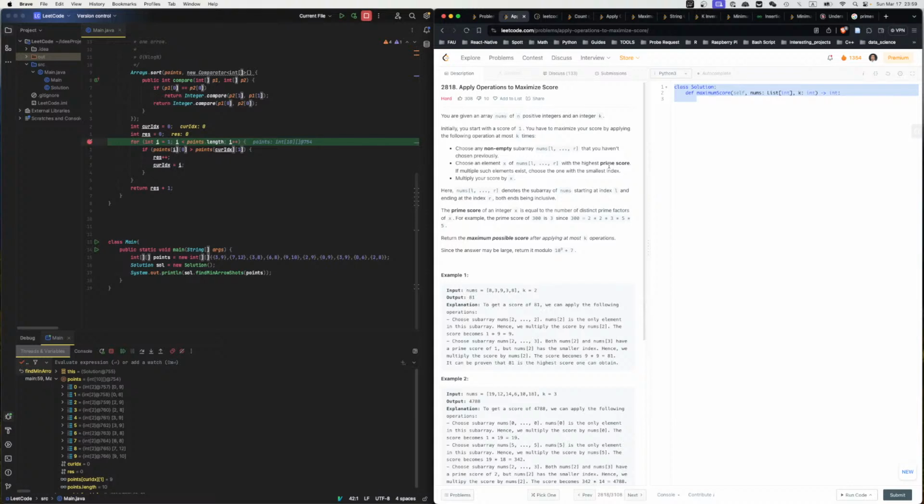So we want to find as many subarrays as possible, max possible after applying at most k operations. Non-empty subarray, so LR has to be unique, right? LR has to be unique.